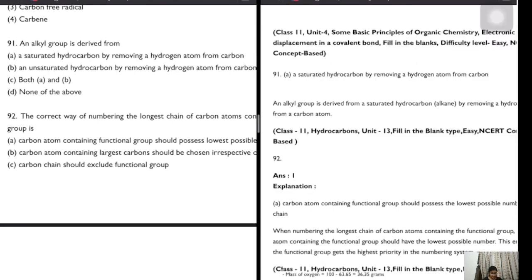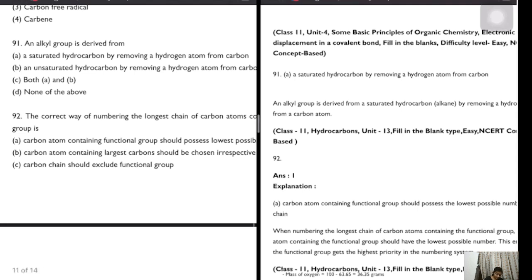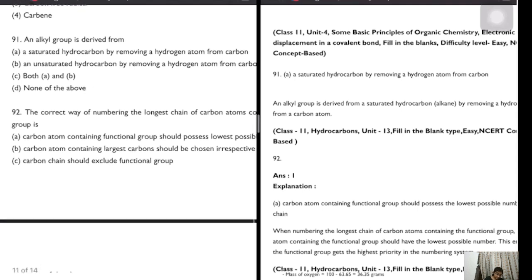Next question says an alkyl group is derived from. See, what is alkane? For example, I have C3H, how should we take it? Let's take propane. So how will I have propyl group? That is CH3, CH2, CH3.